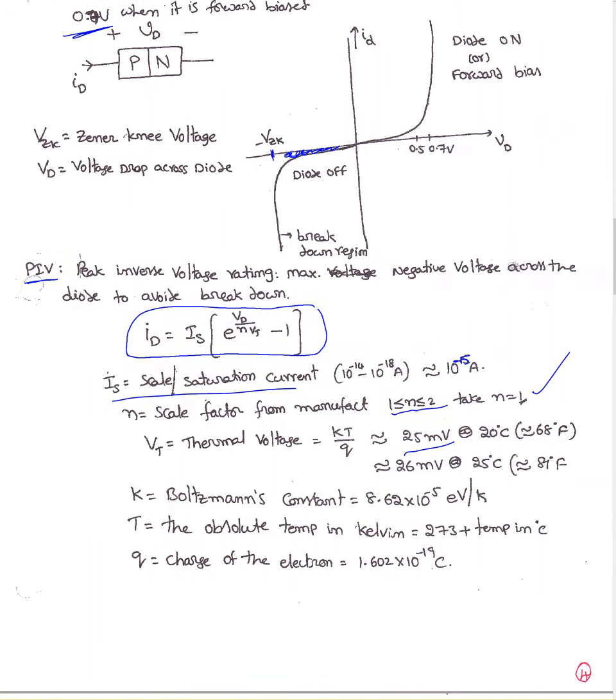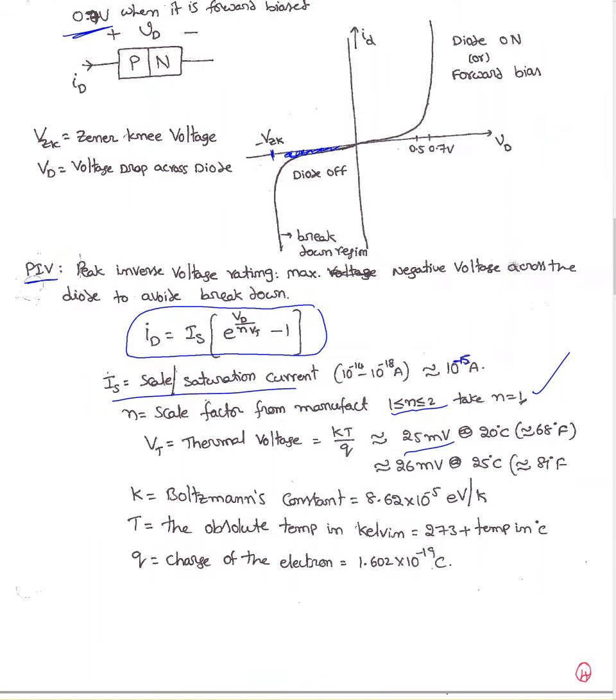K is Boltzmann's constant, 8.62 times 10 to the power of minus 5. T is the absolute temperature in Kelvin. Q is the charge of the electron. Based on that, you can find the forward current passing through the diode.